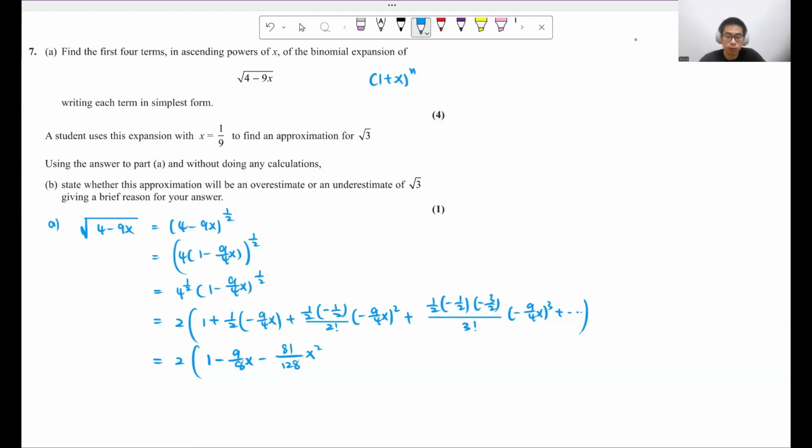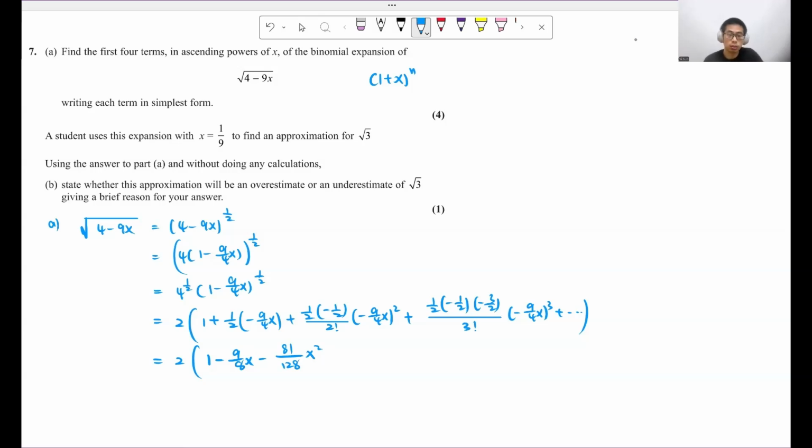And then for the next one, I'm going to do exactly the same as before. So 1 over 2 times the bracket negative 1 over 2, and then times the bracket negative 3 over 2 over 3 factorial, and then times the bracket of negative 9 over 4, and x is 1, so just negative 9 over 4, close brackets, cubed.